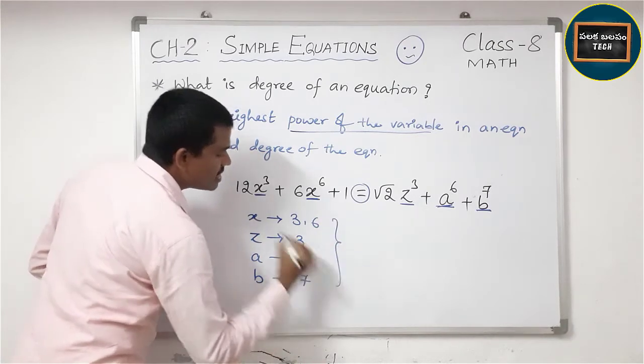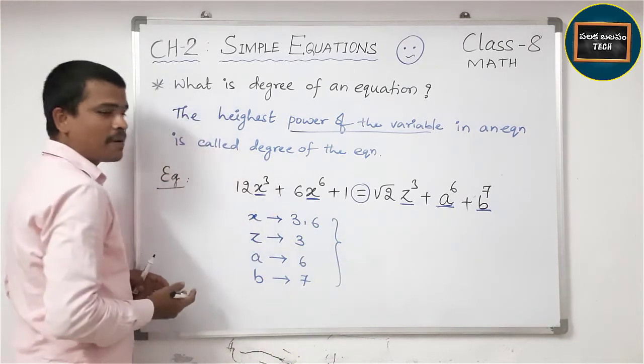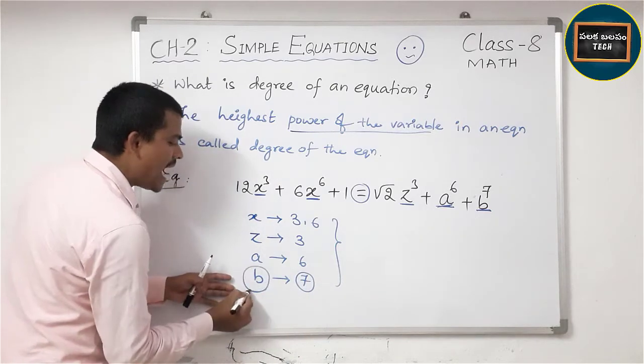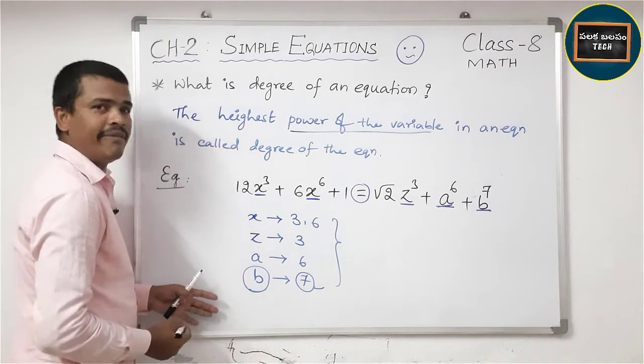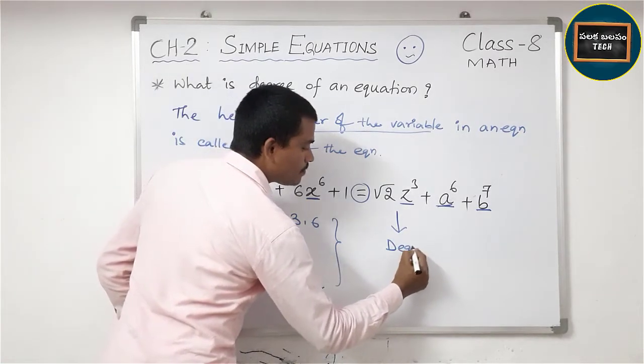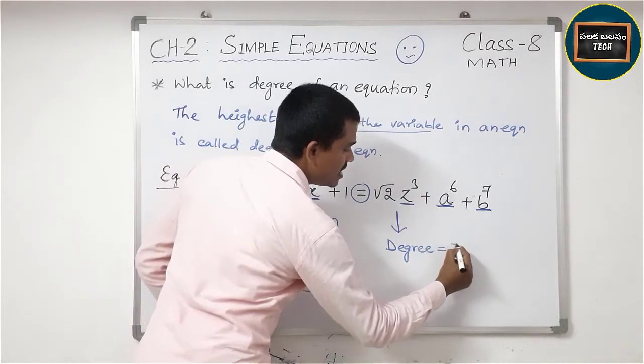Out of these powers, which is the greatest power? 7 is the greatest power. So the variable b has the greatest power 7. Therefore the degree of the equation is 7.